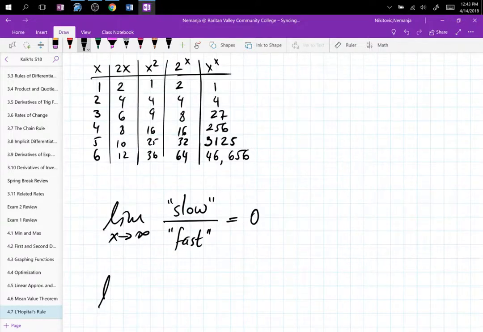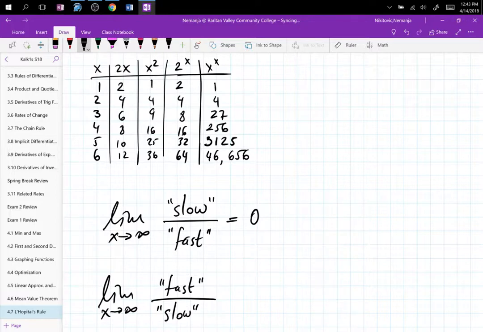And the limit as x goes to infinity of fast over slow is infinity. And that should be common sense, right? X over x squared is going to be 0. X squared over x is infinity.